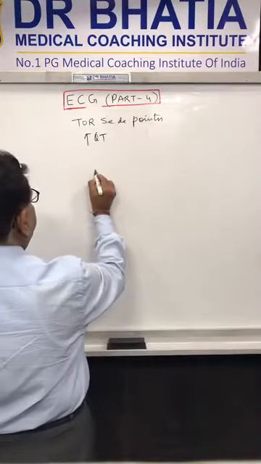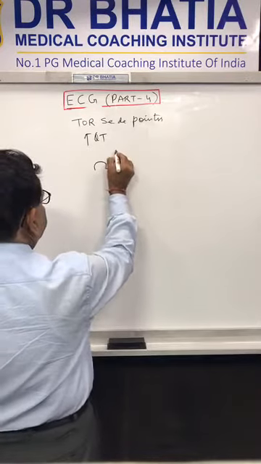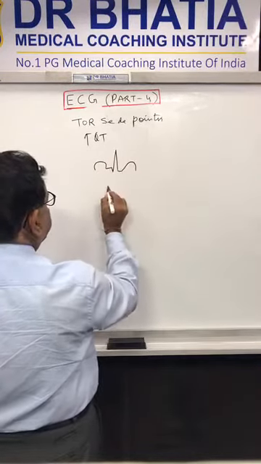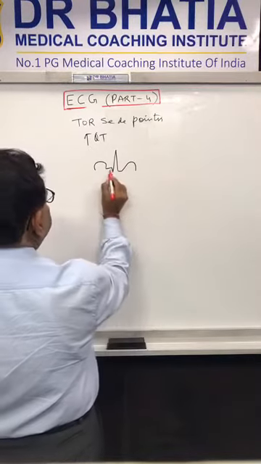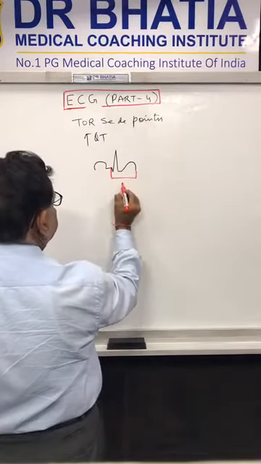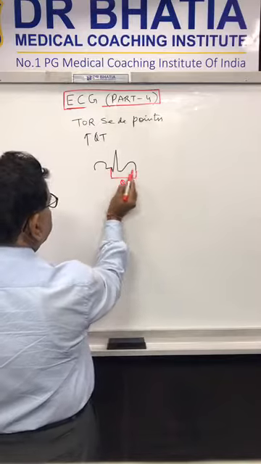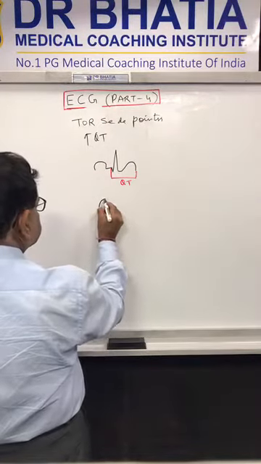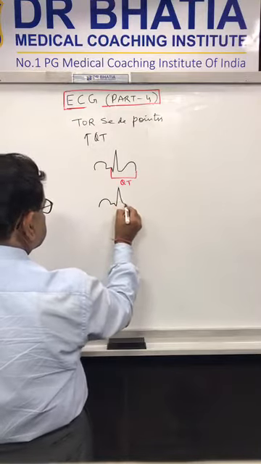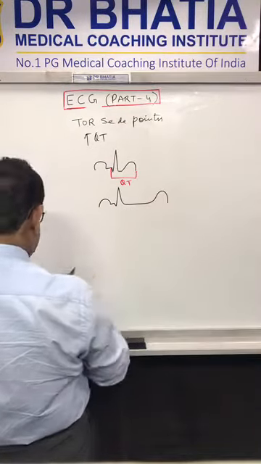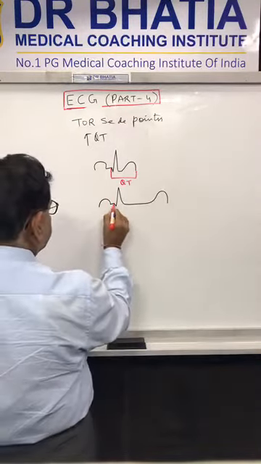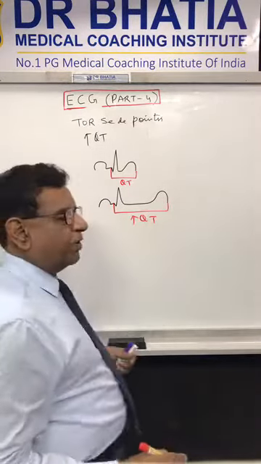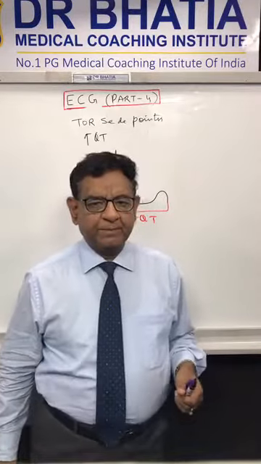This is a normal recording. This is the T wave. So this is the QT interval, from the beginning of Q to the end of T. And suppose we get it like this. Here we are getting a QT interval like this, so we are getting a prolonged QT interval.